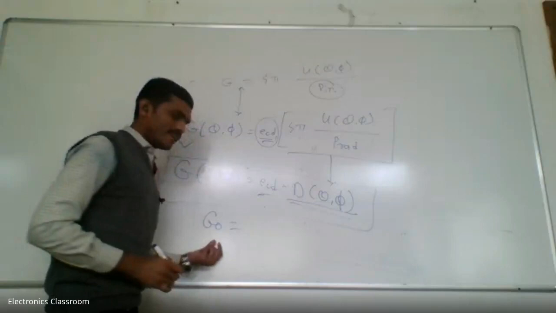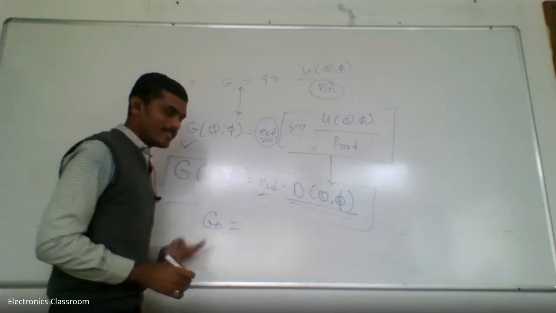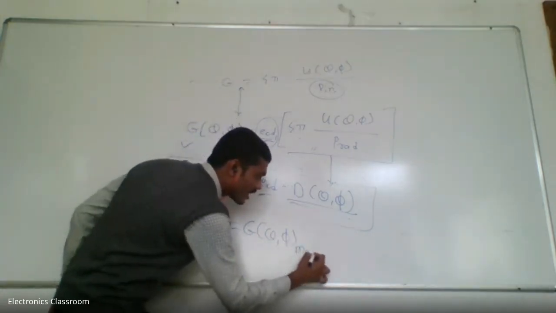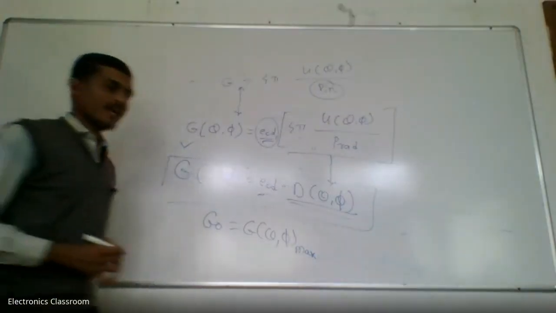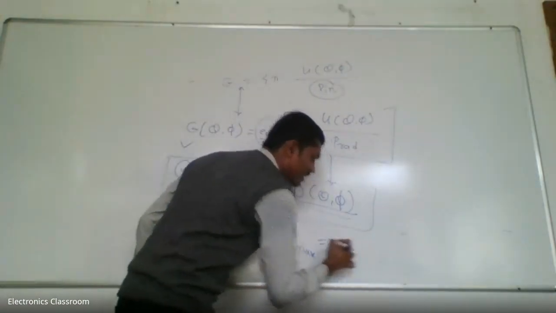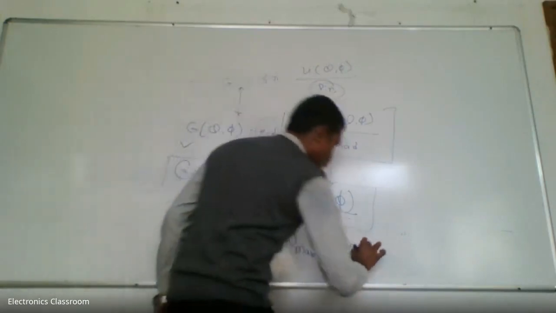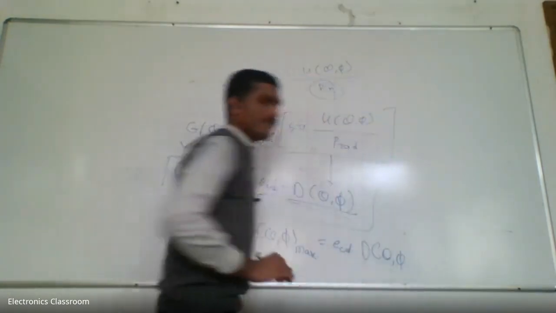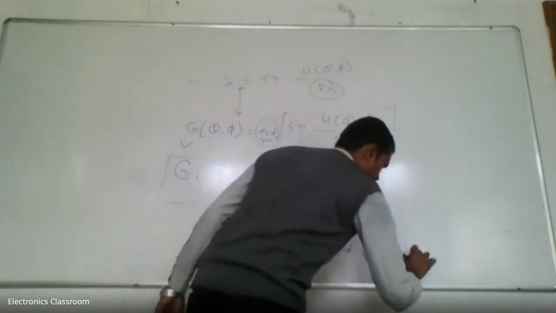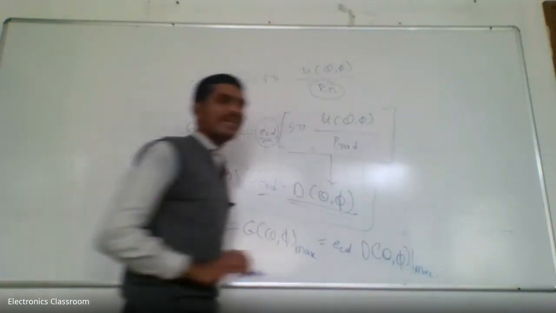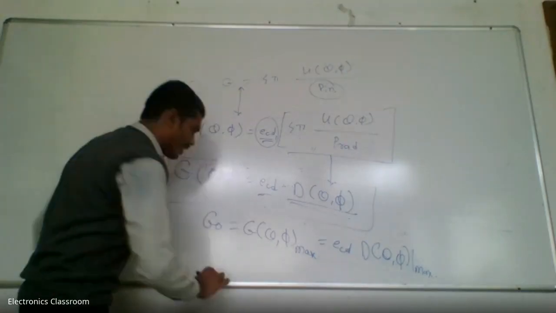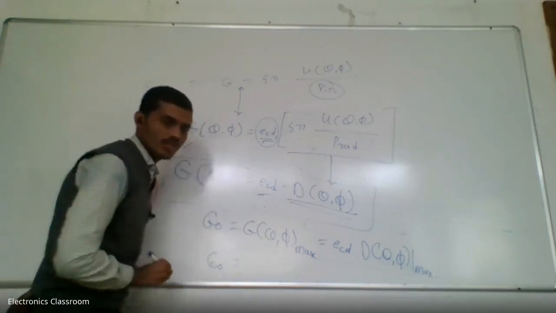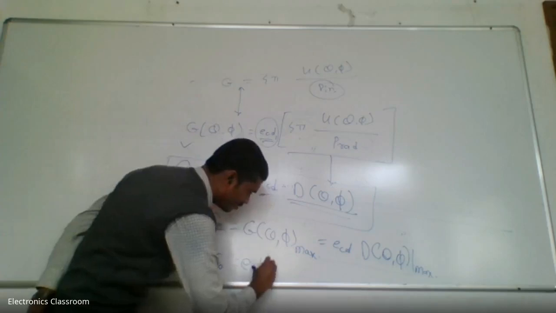It can be defined by G0, and it can be written as ECD into D of theta comma phi, where this directivity should be maximum, and it can be written once again by the equation G0 is equal to ECD into D0.